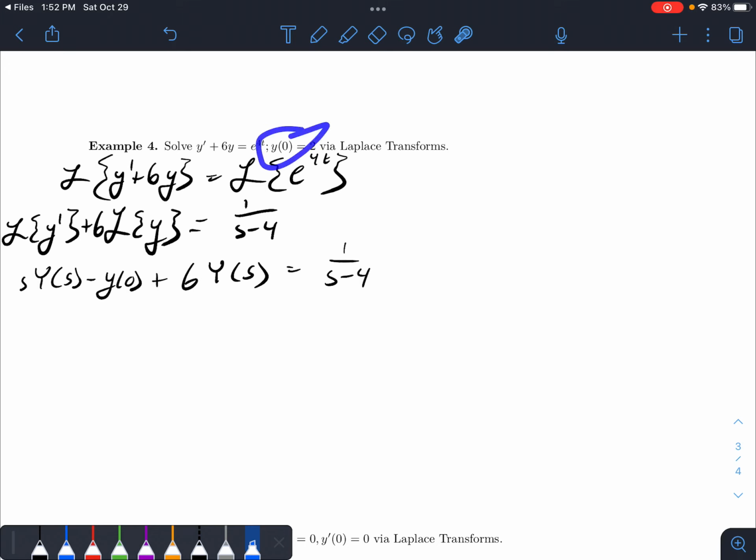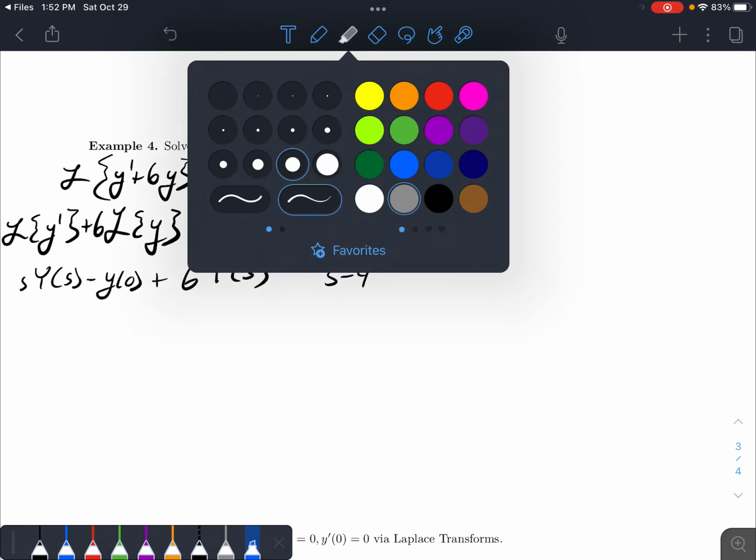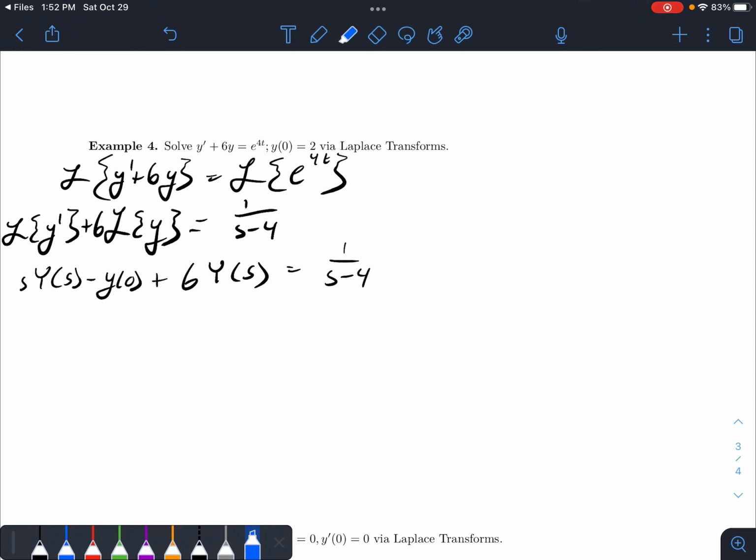Weirdly, with this method, you use y(0) equals 2 in the beginning, and then you never really have to deal with it again. So this straight up tells us that y(0) is equal to 2. So just replace that with 2.